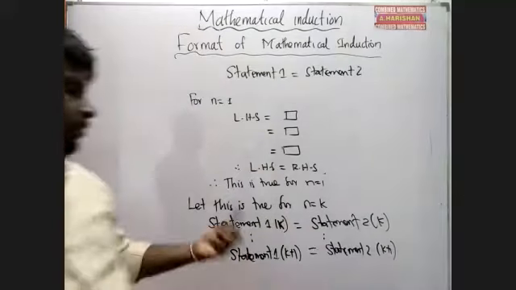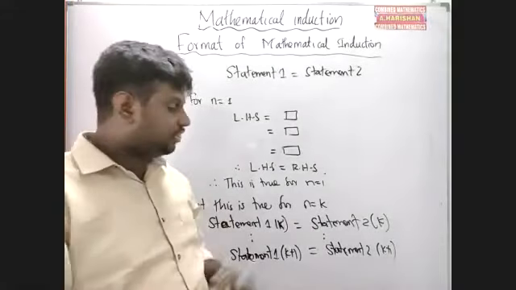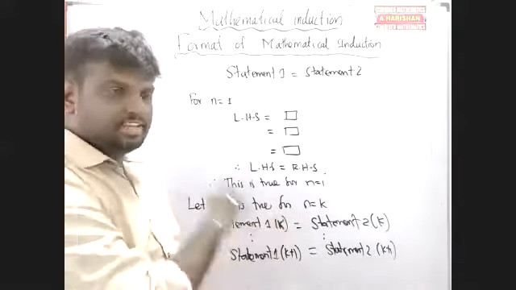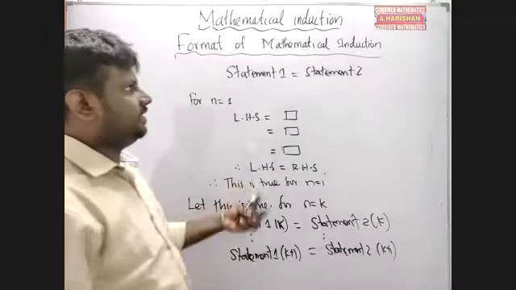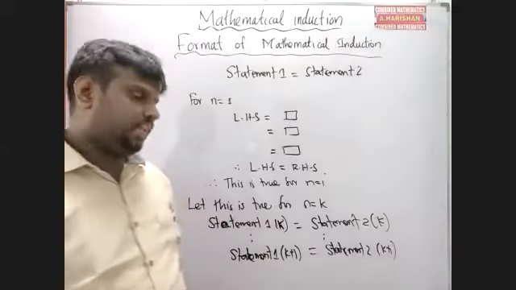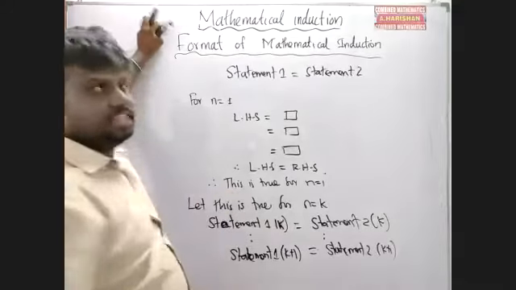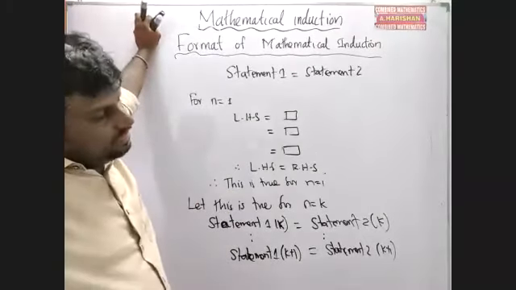So this is true. We will prove that at the end. So that means instead of k, if you put k plus 1, if that remains the same thing, we can say it is true for all the values of n, all the positive integers n. The statements are true.